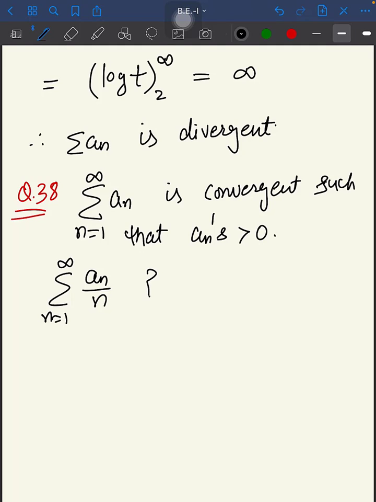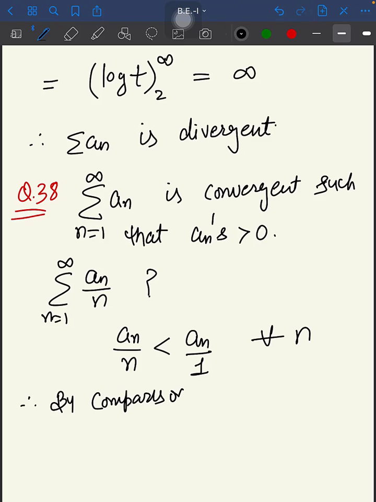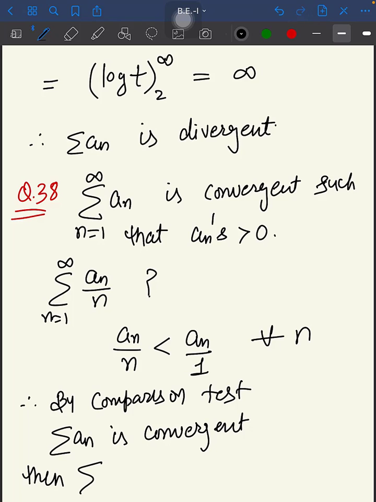Can we make some conclusion? Yes, we can definitely make such conclusion. Why? Because you know that your An by n is always less than or equal to An, because in the denominator we have the least value 1 for all n. So therefore by comparison test, if summation An is convergent, then summation An by n is also convergent.